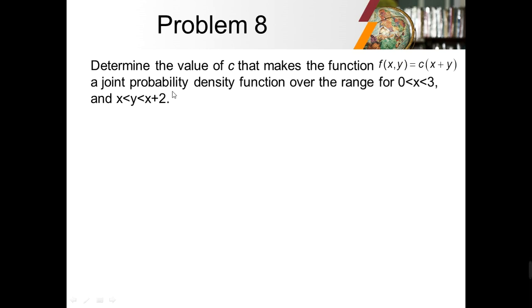So, ito yung sinasabi ko sa inyo na yung limits niya ay hindi parehas na definite. So, ito definite, 0 to 3. Ito, naka-depend siya sa value ng x, yung value ng ating y. Nag-range daw mula sa x hanggang x plus 2.